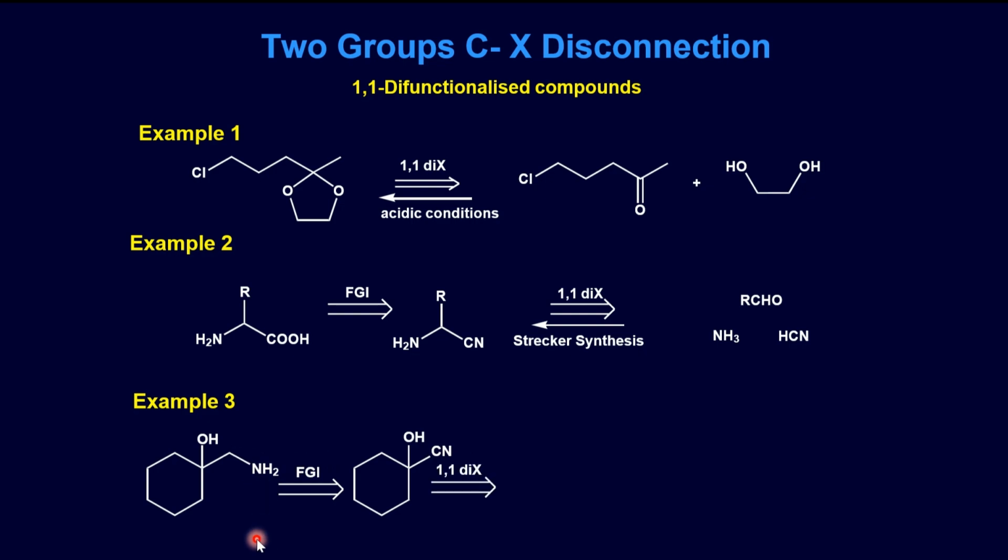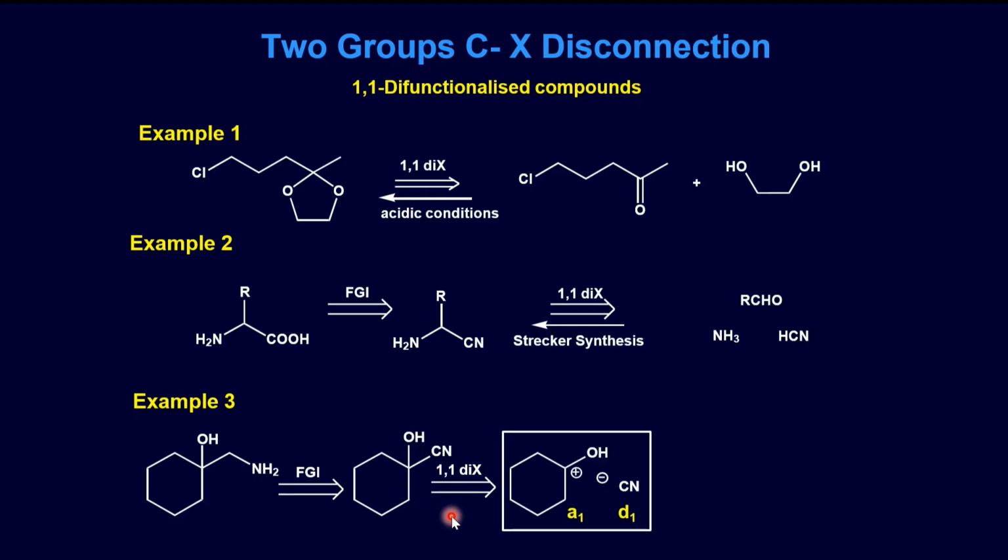I do 1,1 disconnection. I break it over here between the carbon and cyano. I'll get CN minus. CN minus is the donor synthon. As this gains the negative charge, the electrons are moved towards here. The cyclohexyl group gets the positive charge. This acts as an acceptor synthon.